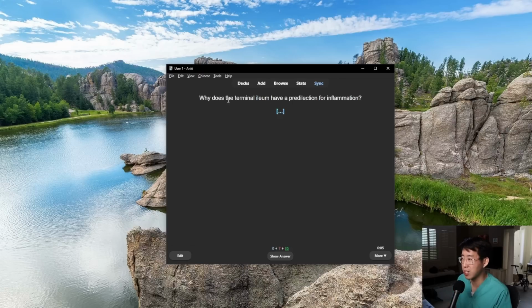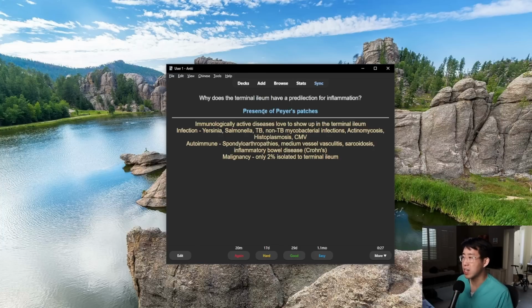Why does the terminal ileum have a predilection for inflammation? So this comes up a ton in morning reports and case reports, but a lot of people just end up having inflammation, edema, a lot of pathologies that involve the terminal ileum. And the reason for that is because it's very immunologically active. And this is because this is where those Peyer's patches are, that we learned about in medical school.